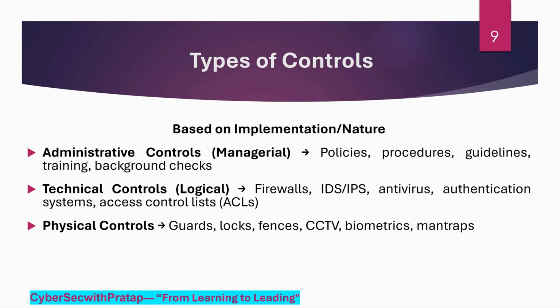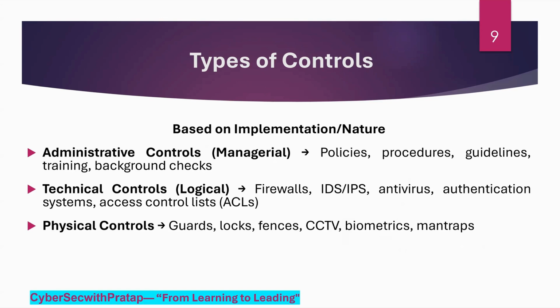Physical controls are those we can touch and that are physically available. You can see them, like guards, bumps, barricades, fences, CCTV. You can see and touch these, biometrics, drives. All are physical controls.